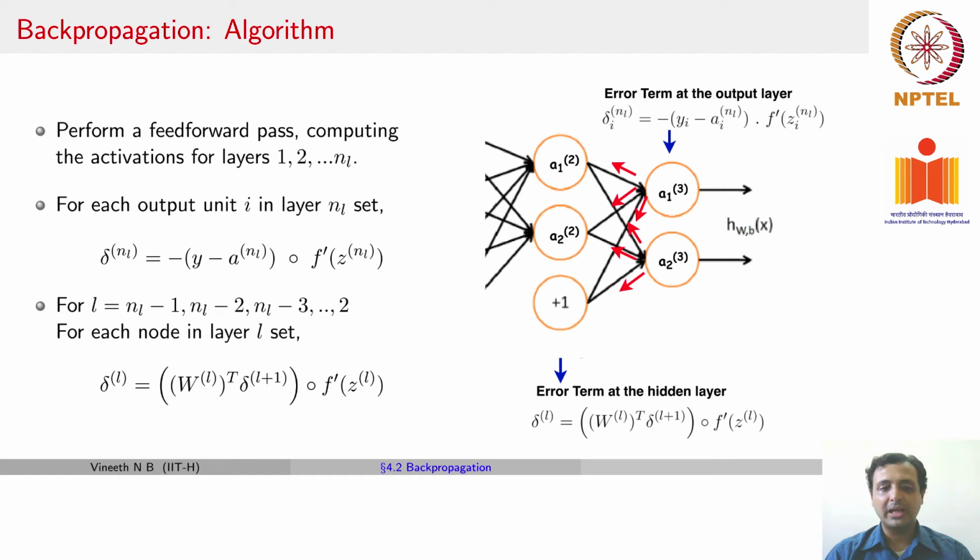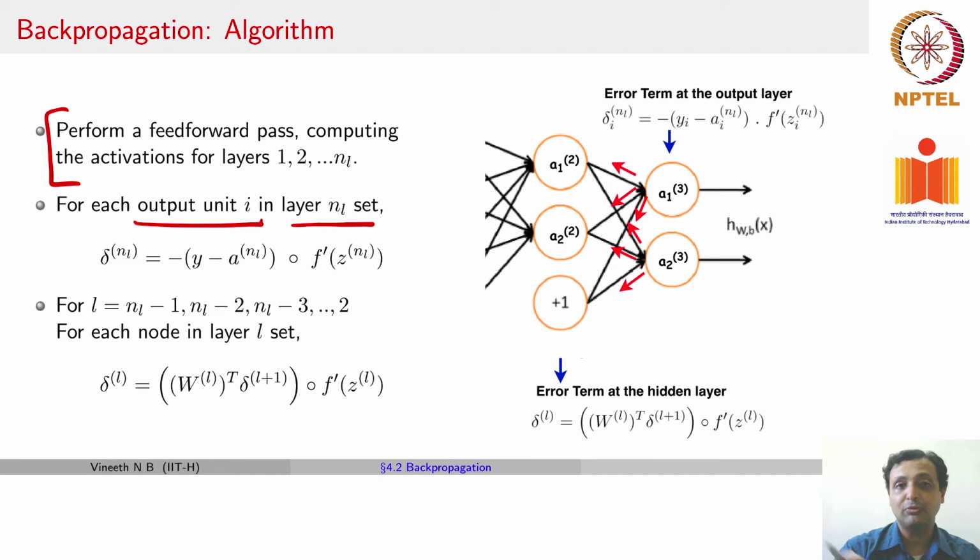So the way we are going to train the full network now is we perform a feed-forward pass, computing the activations for all layers. For each output unit i in the set of neurons in the last layer, denoted by N_L, we compute the error, which is delta^{N_L}, the derivative of the loss function with respect to the final activation, into the derivative of the final activation with respect to z^{N_L}, which was before applying the activation function.